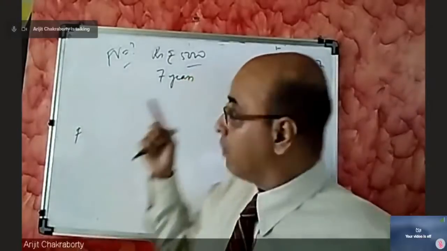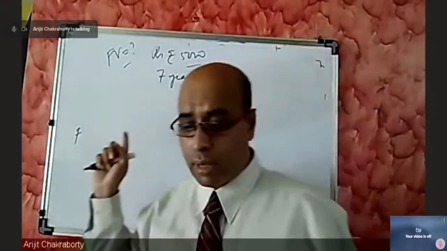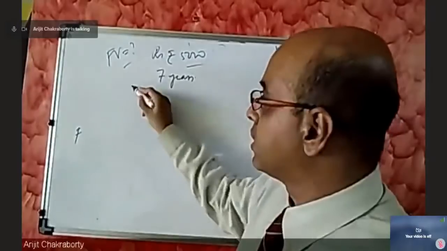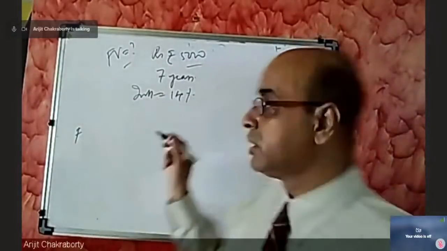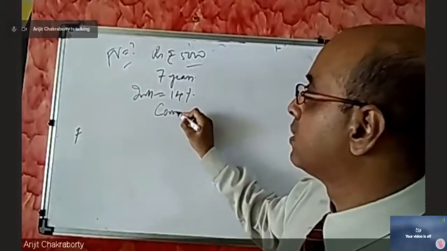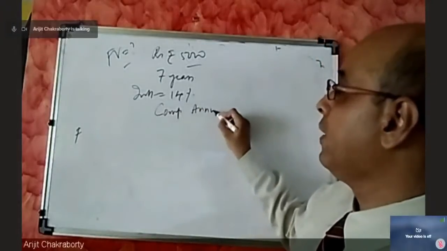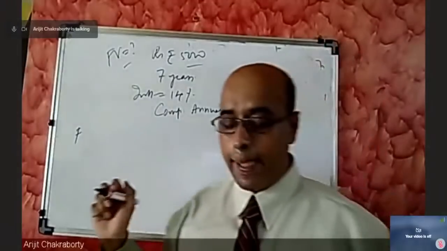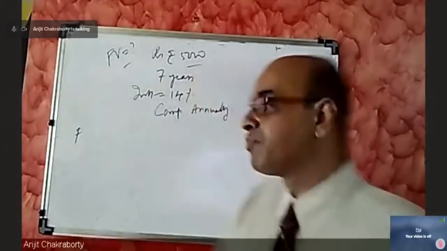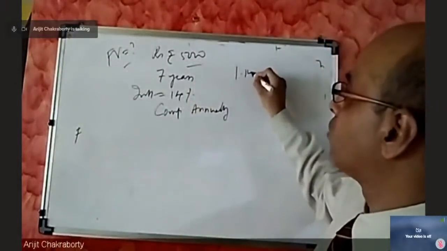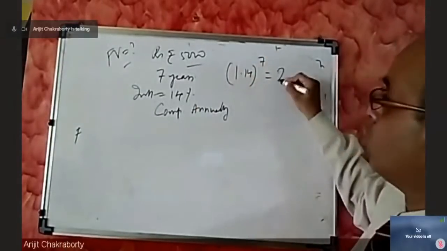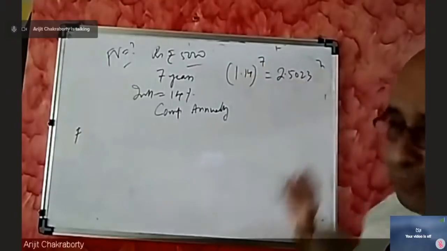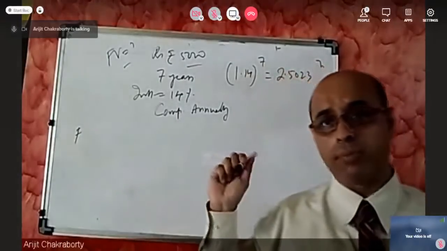The interest rate is 14% and it is compounded annually. In the problem it is given that 1.14 to the power 7 is 2.5023. This is given in the problem, right?